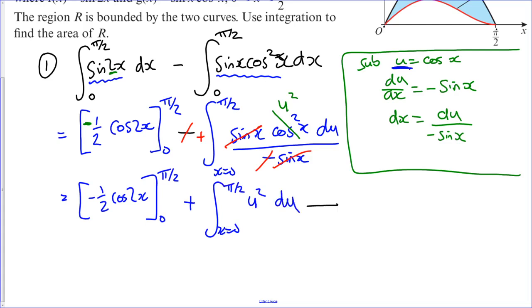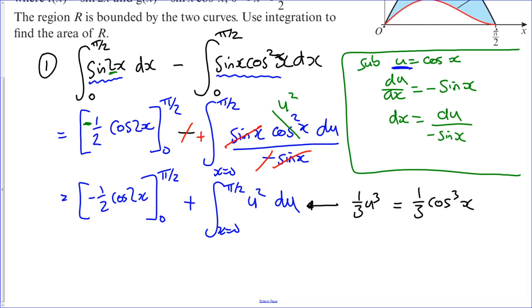Now this bit over here, if we do our u integral, is going to give us 1/3 u cubed, by adding 1 to the power and dividing by the new power. And remembering that u equals cos x, this is essentially just 1/3 cos cubed x.